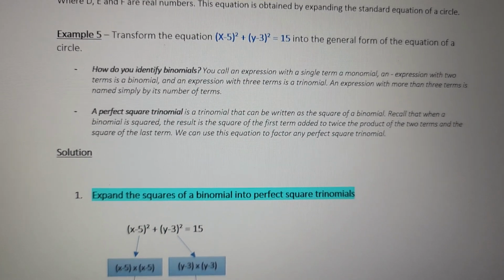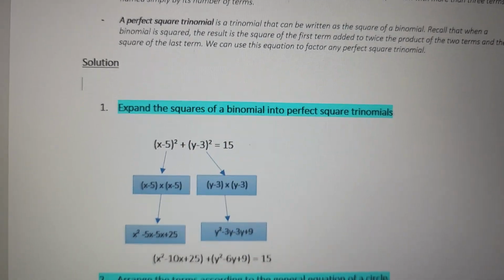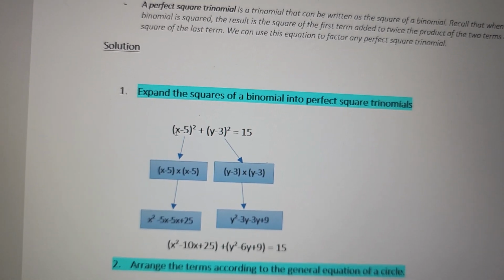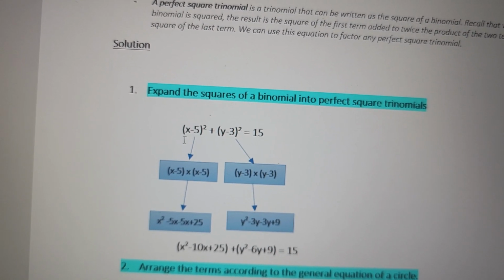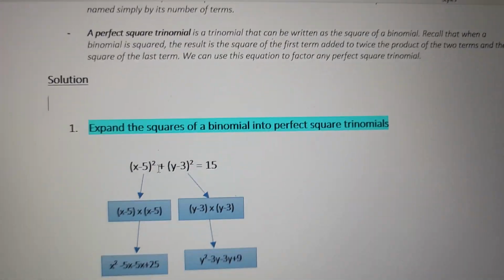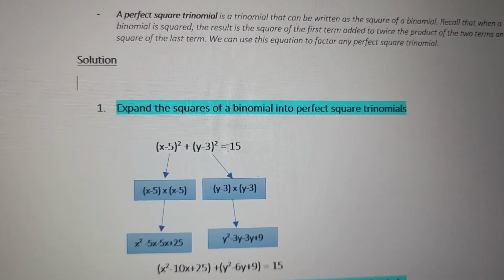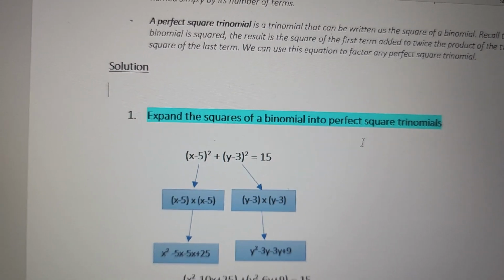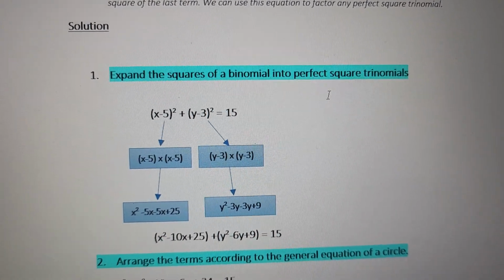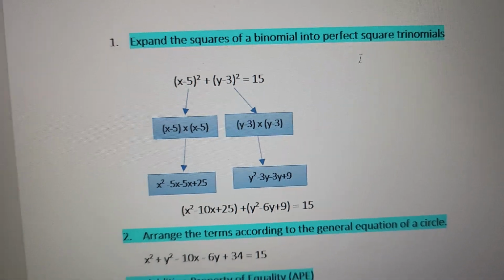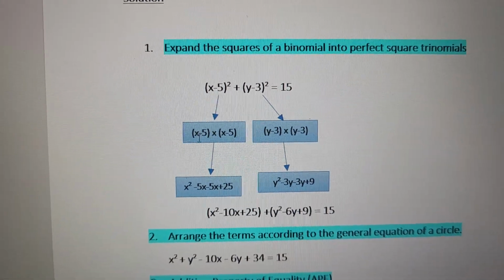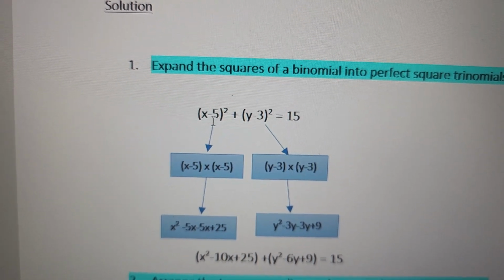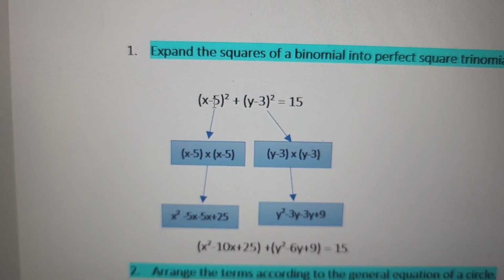This means that if you expand (x minus 5) squared plus (y minus 3) squared equals 15, it will become a trinomial. Why? Because (x minus 5) times (x minus 5), this is a monomial.